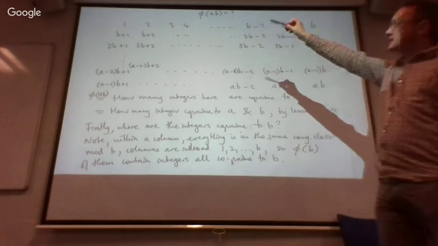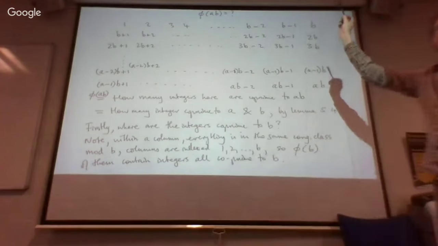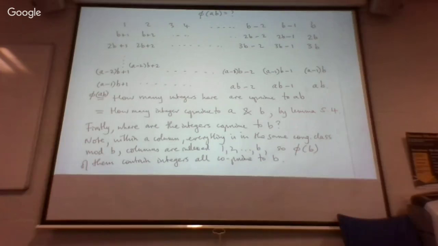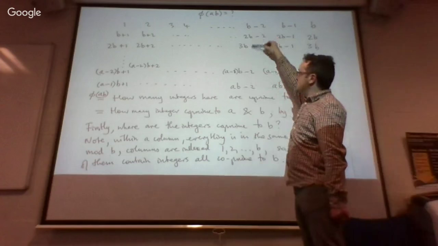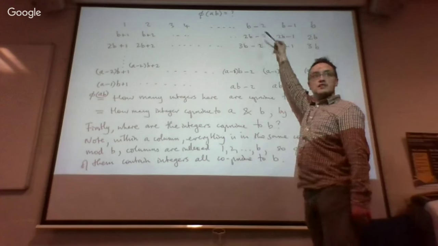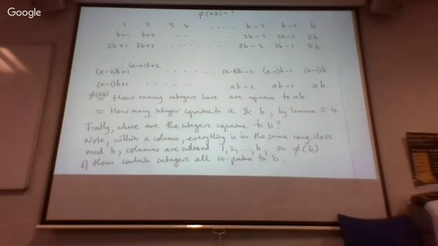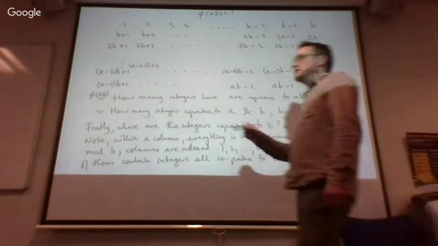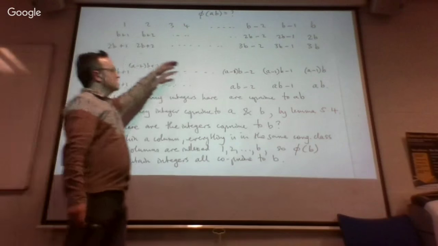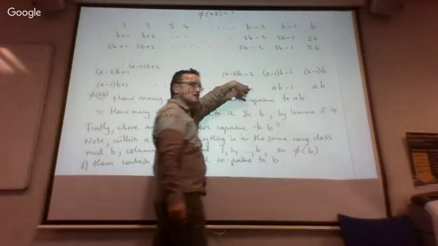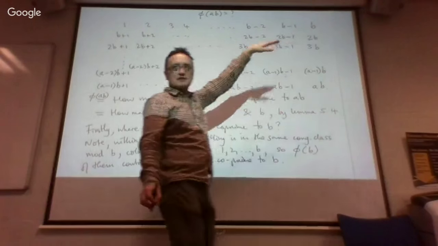They're indexed by the complete set of residues modulo B, the integers 1, 2, 3, all the way up to B. And within one column, when you look down the entries, you see that all the numbers are congruent to each other modulo B. And remember, lemma 5.3 said, well, if everything in this column is congruent to each other modulo B, that means they all have the same greatest common divisor with B as well.